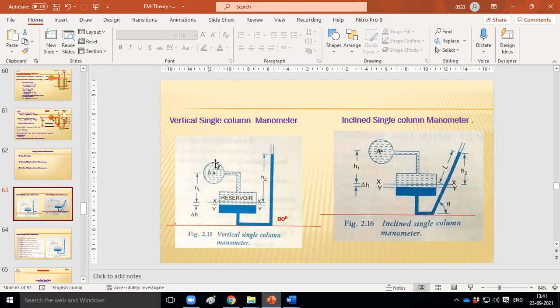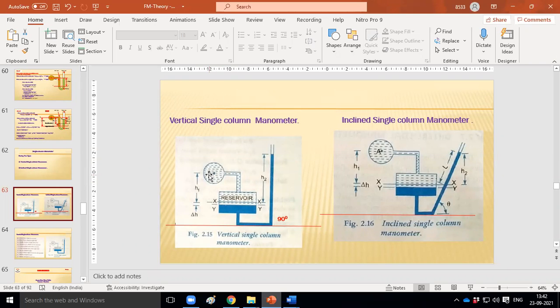This point A represents the pipe, and through this pipe water is flowing. Similarly in the right side figure, water is flowing through the pipeline and exerting pressure, for example PA.